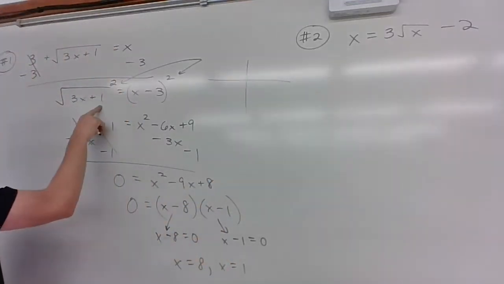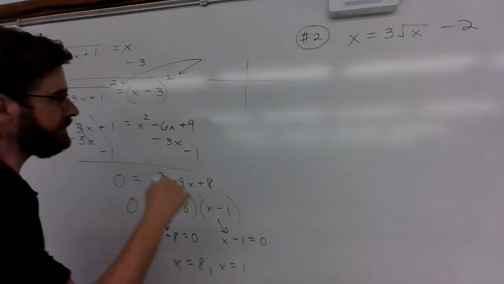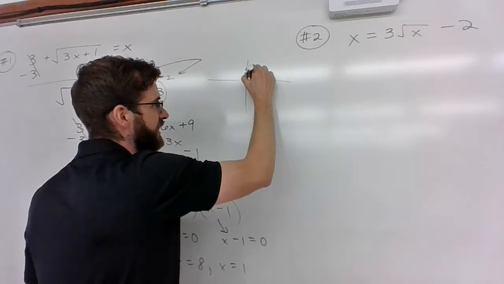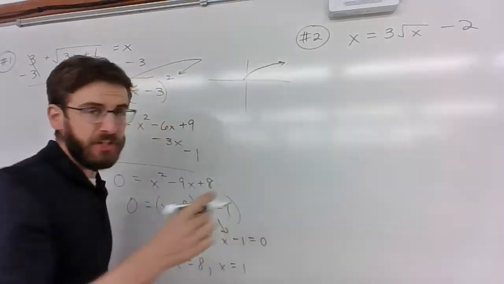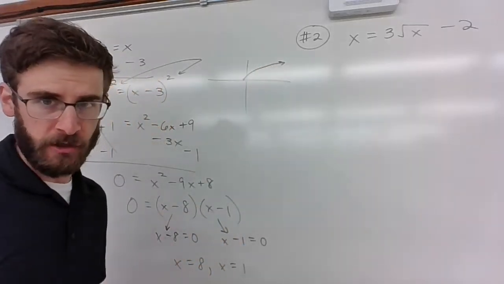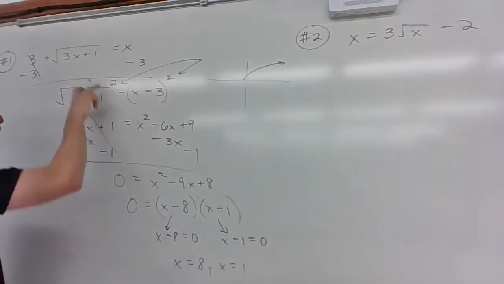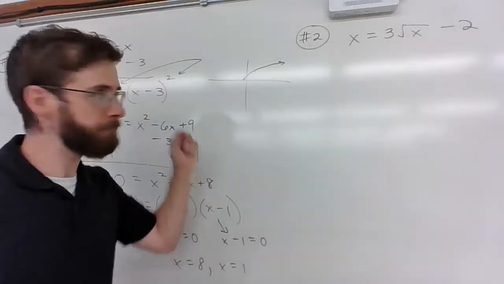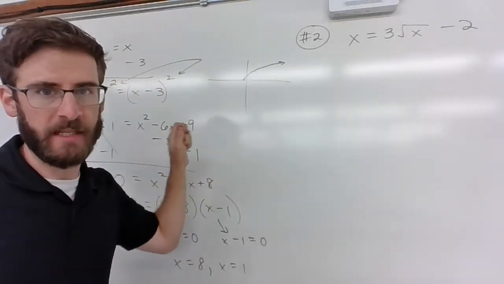The square root of 3x plus 1 kind of looks like this. I'm not expecting you guys to know that that's exactly how that function looks. What I'm saying is the square root of 3x plus 1 can't go below the x-axis. All right? That's kind of an estimate of what it looks like.